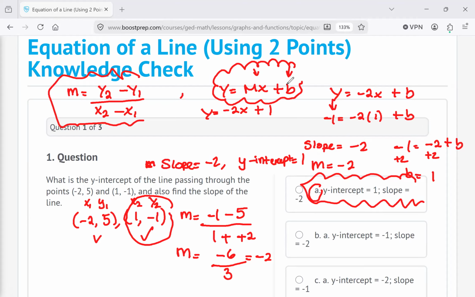I couldn't automatically find b, so I picked one of the points. It doesn't matter which one you use. I used 1, -1, substituting my x with 1 and my y with -1, and then solved for b. That's how I know that's my y-intercept. Okay, so that is letter A.